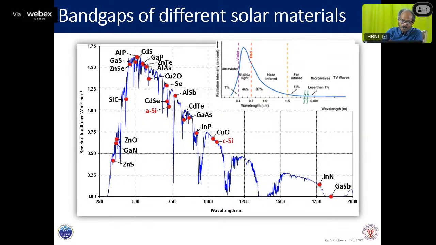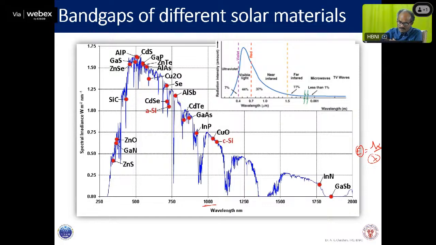So these are the band gaps converted into wavelength. How do we convert that? You know the standard formula: E is equal to hc by lambda, and this E is the band gap energy.